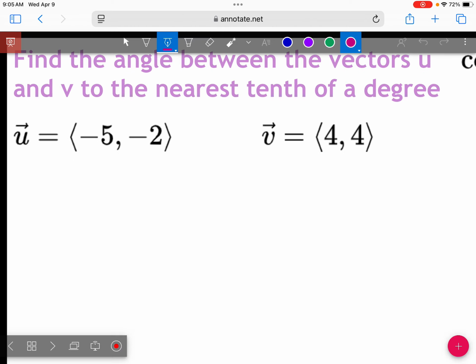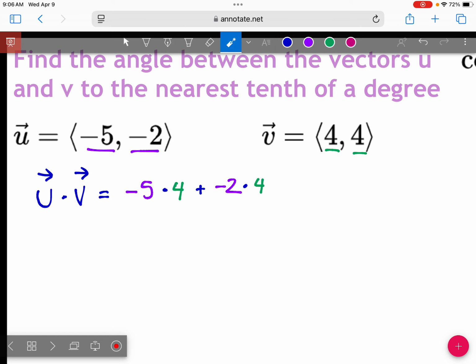So to find our dot product, u dot v, that's what we did yesterday. That's when we take the x pieces and multiply them together, our y pieces and multiply them together, and then we add both those products. So we're going to have our -5 times the 4, and then we're going to add our -2 times the 4.